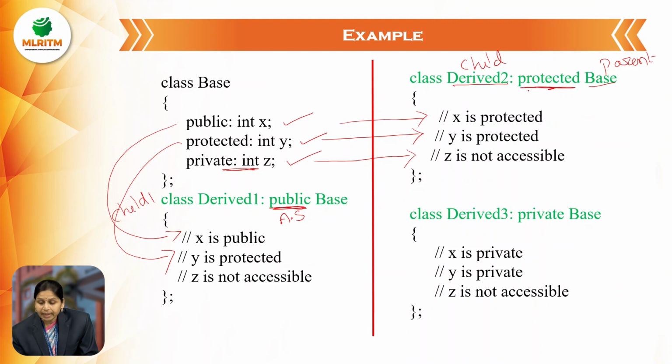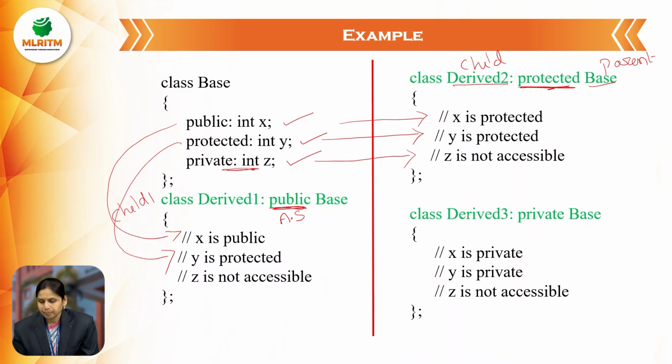But when we inherit in protected mode, public becomes protected and the protected variable stays protected. All the public and protected members become protected because here we are using the access specifier as protected. We are inheriting the parent class members in protected mode. So all the public and protected members of the base class become protected in the child class.